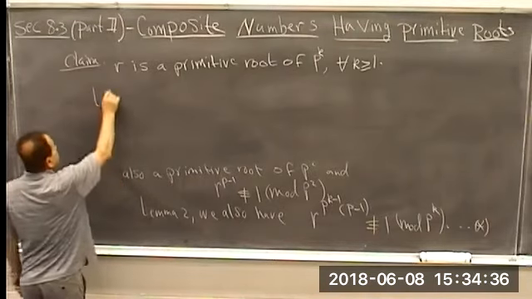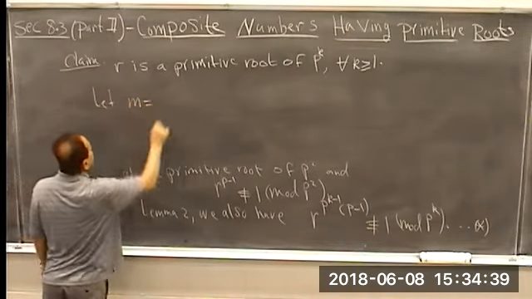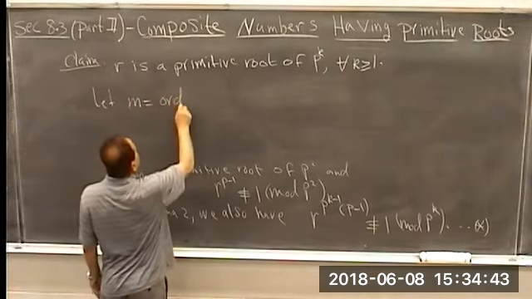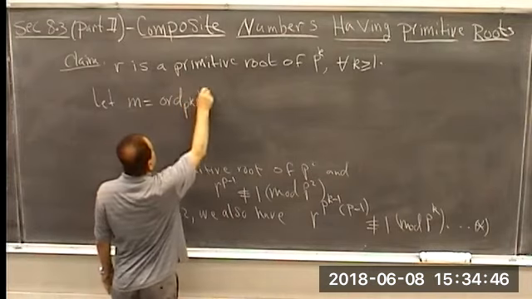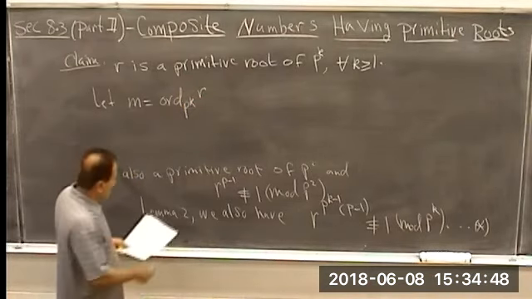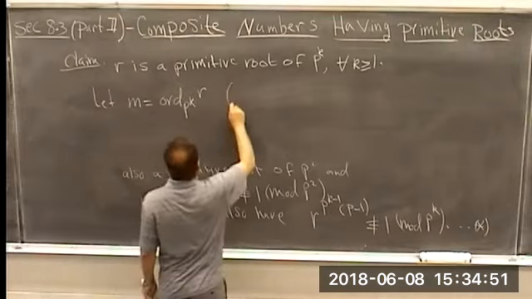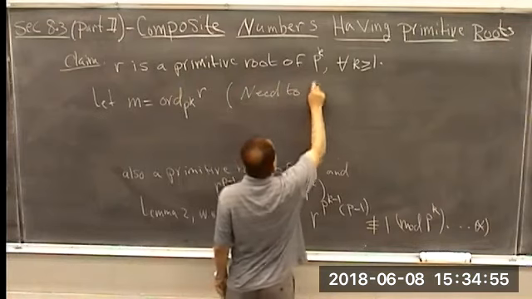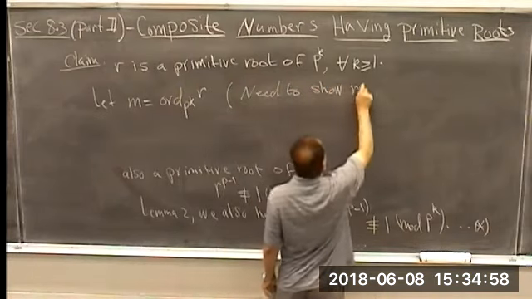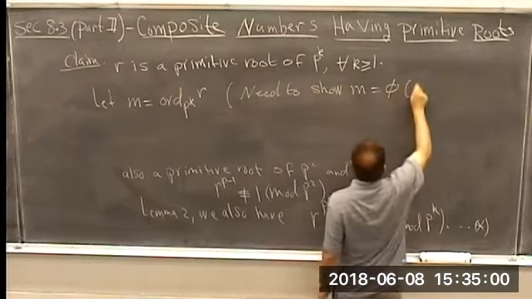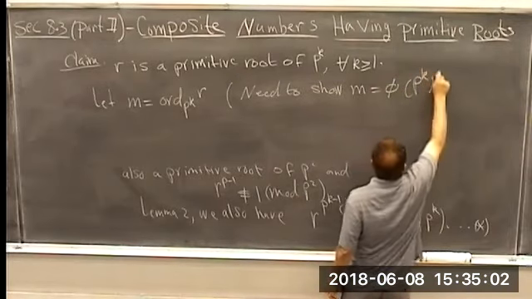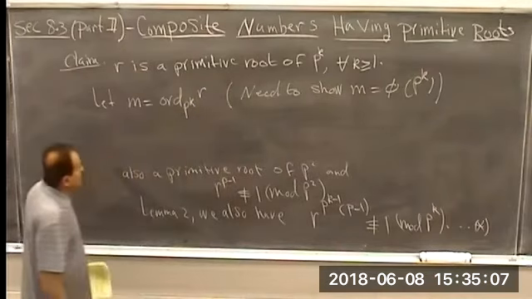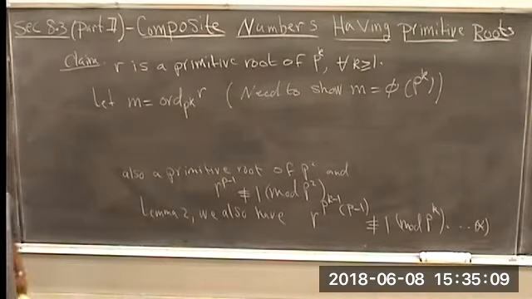So let's assume M is the order of R mod p to the k. So our objective is to show that M is equal to phi of p to the k, which makes it a primitive root. Let's see what M, the order, equals.